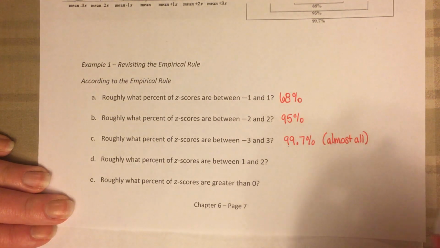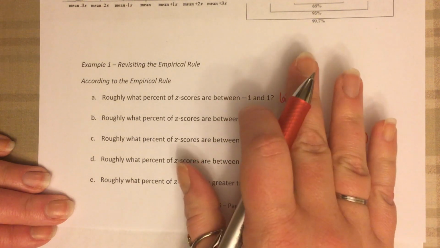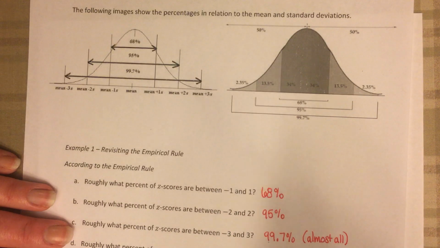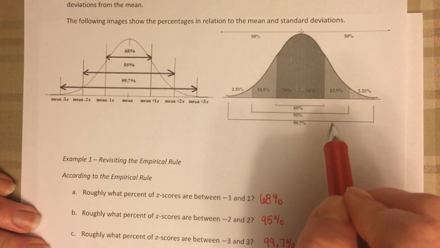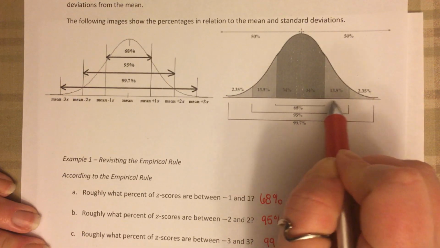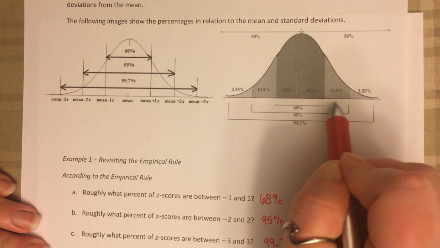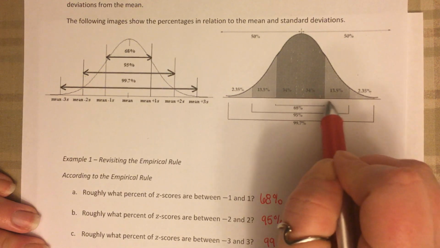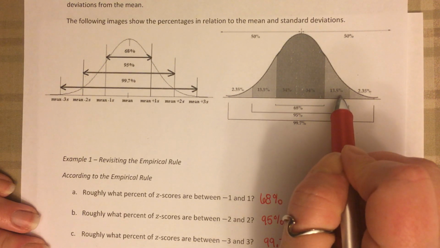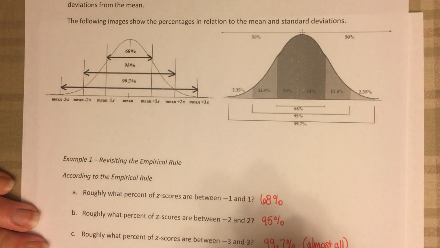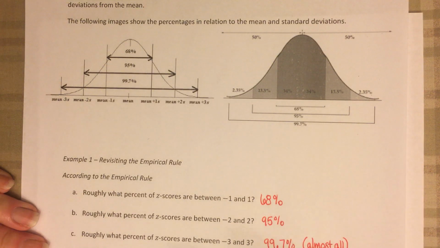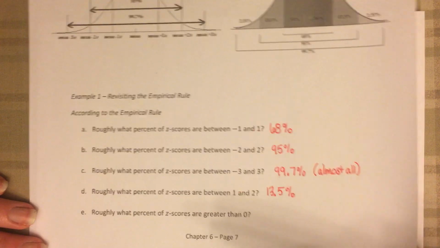Roughly what percent of our z-scores are between 1 and 2? If we look up at our picture, between 1 and 2 would be this little portion here. I know it's kind of difficult to see, but there is a little 13.5% written right there. So our answer to D is 13.5%.